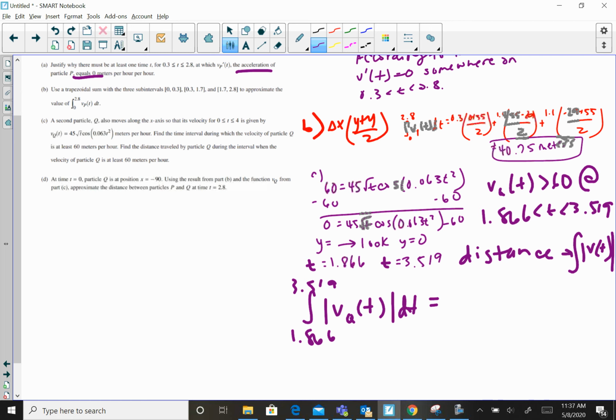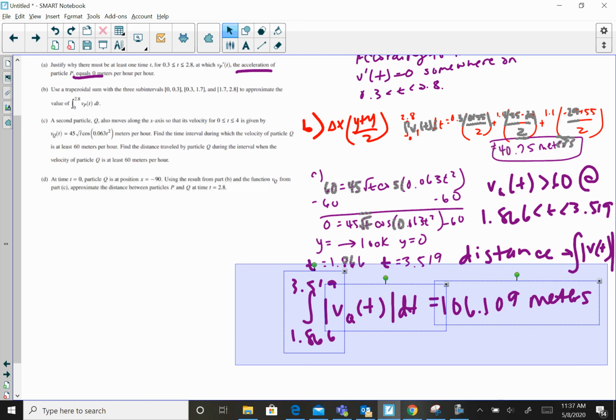Put it in your calculator. Math, 9. From 1.866 to 3.519. My absolute value is under math number. And it is 45 square root of x cosine 0.063x squared dx. And you get 106.109 meters as my total distance traveled.